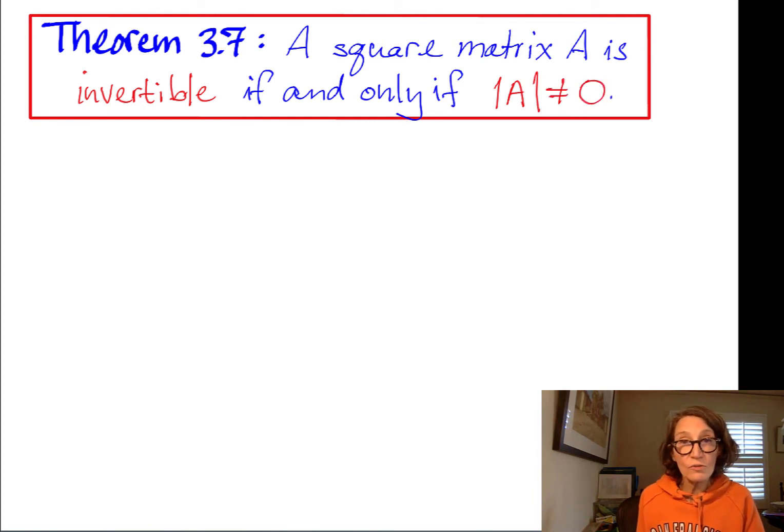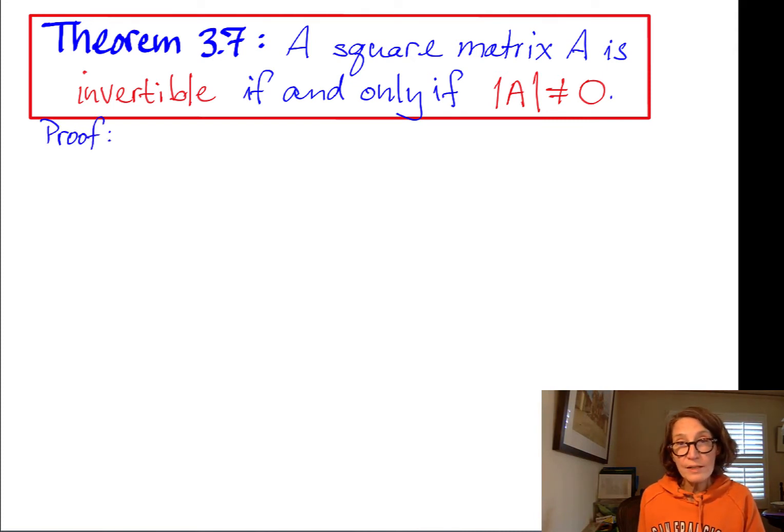This gives us a lot of information about matrices and about linear transformations, which we'll learn about later in this course. So this theorem is so important that I'm going to show you the proof, because I think this is the type of proof every linear algebra student should be able to understand and possibly write a proof like this.